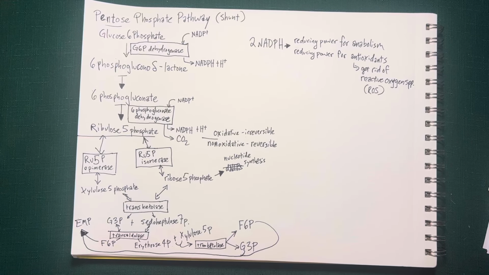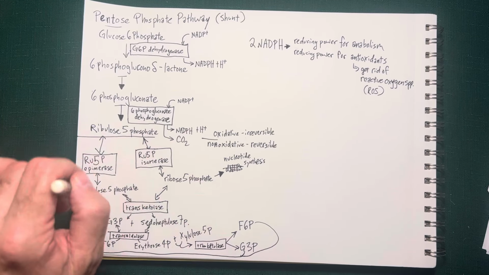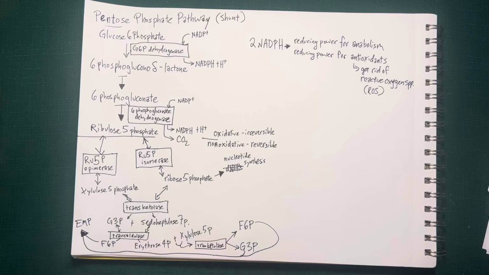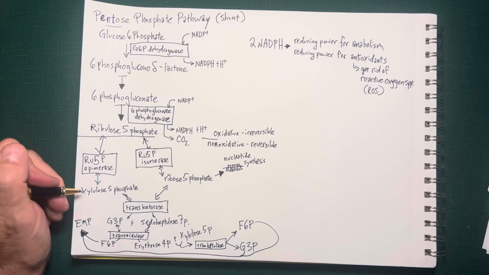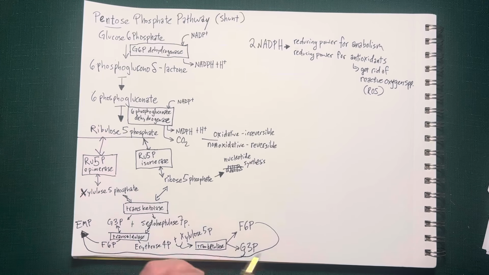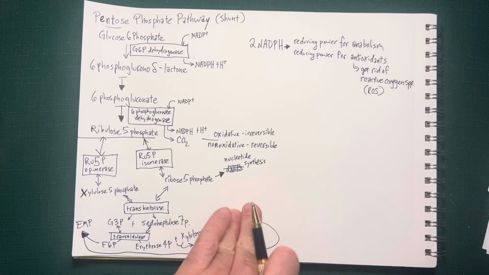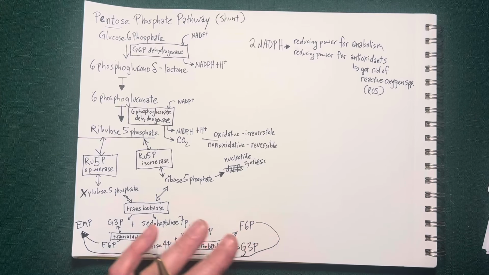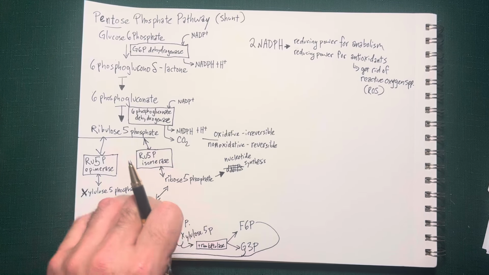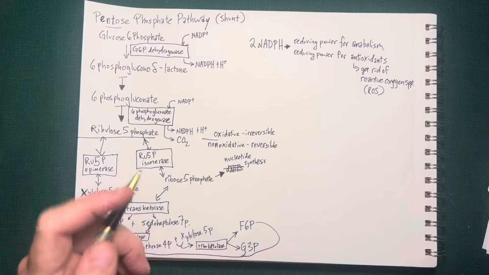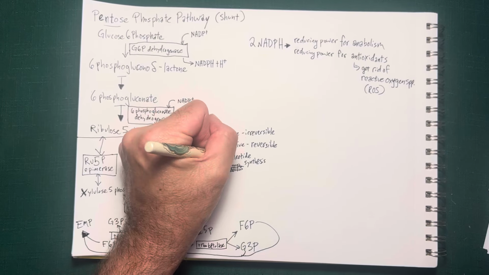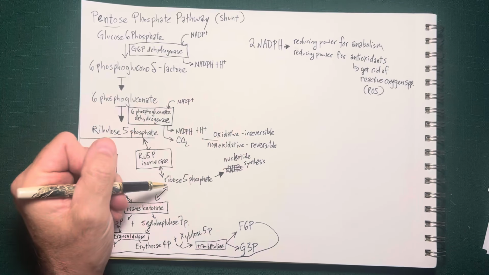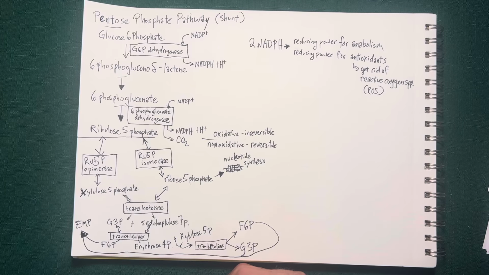So that's the benefit of having NADPH, and the benefit of having all of this molecular shuffling down here, producing all these sugars that have different numbers of carbons in them, is that these can also feed into other pathways to make other biological molecules. Just for example, nucleotides, like we see here, having ribose 5-phosphate.